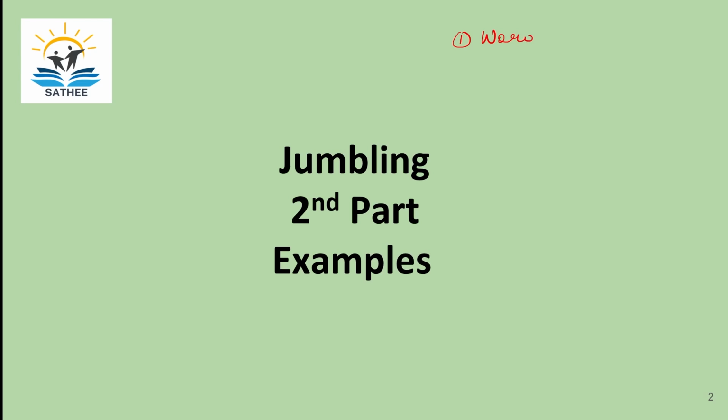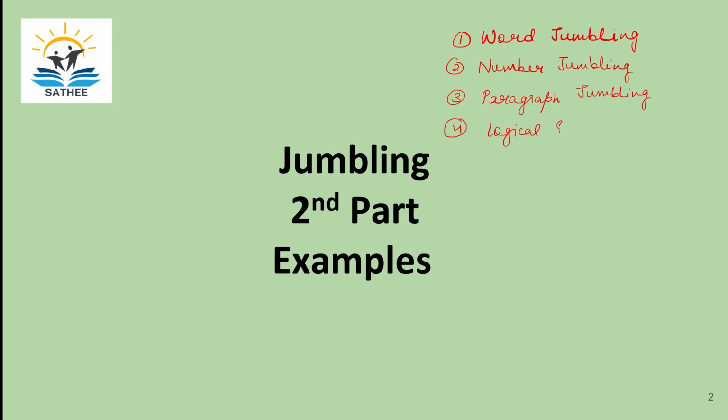Number one was word jumbling, number two was number jumbling, the third type was paragraph jumbling, the fourth type was logical sequence jumbling, and the fifth type was alphabetical order jumbling.